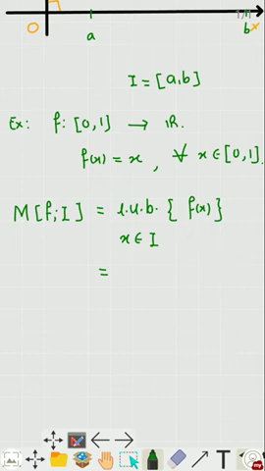It is the closed interval 0 comma 1. And that value is nothing but f of 1, and f of 1 is 1.